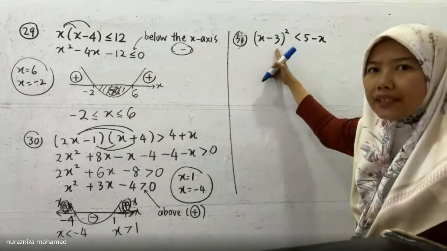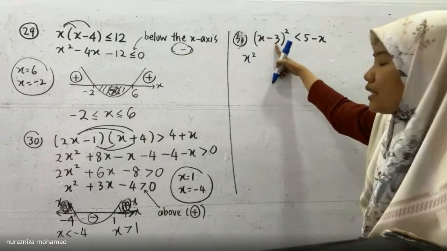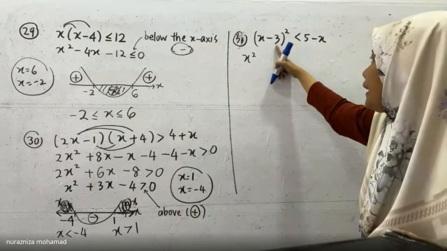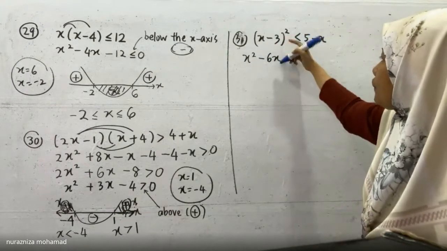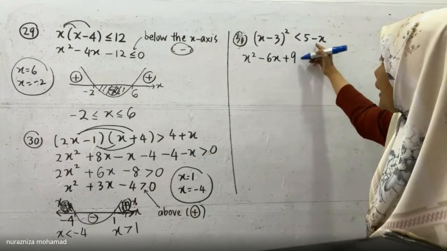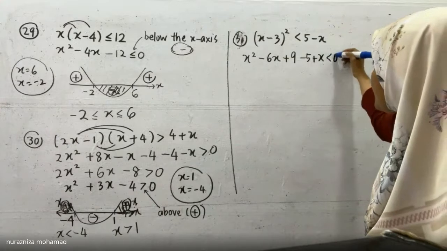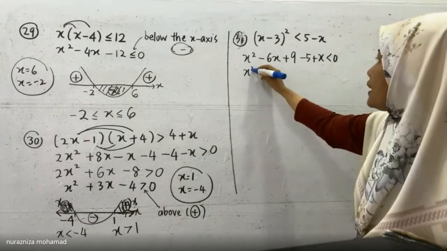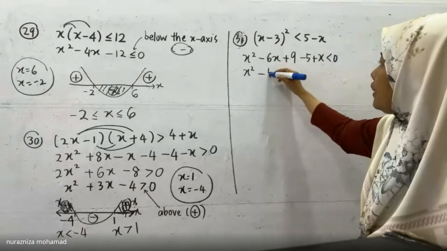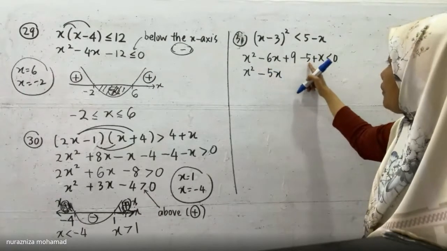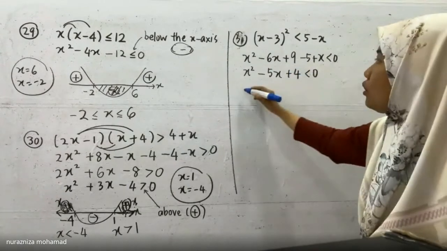So this one you expand. x squared, x times -3 is equal to -3x. -3x times 2, you get -6x. -3 squared is +9. And then -5 plus x is less than 0. So this is x squared, -6 plus 1 will be -5x. 9 minus 5, you get +4 is less than 0.